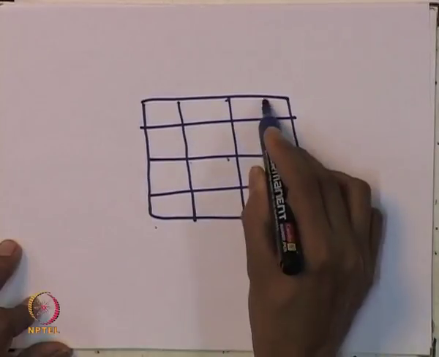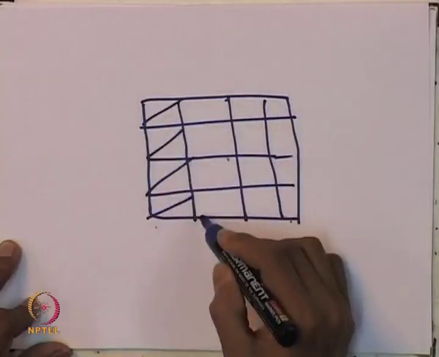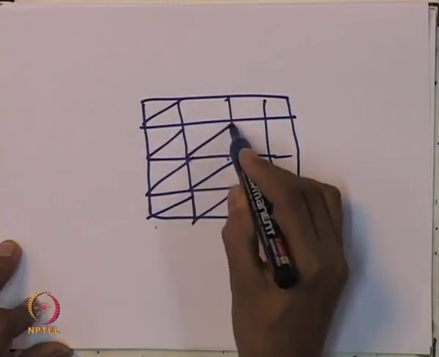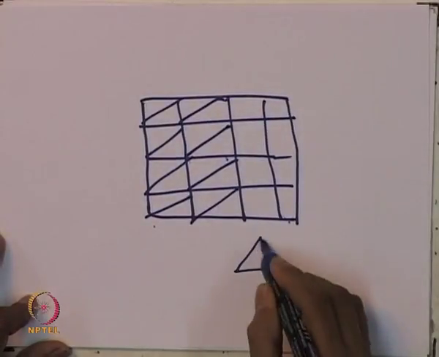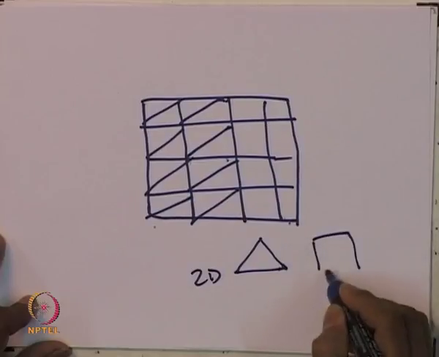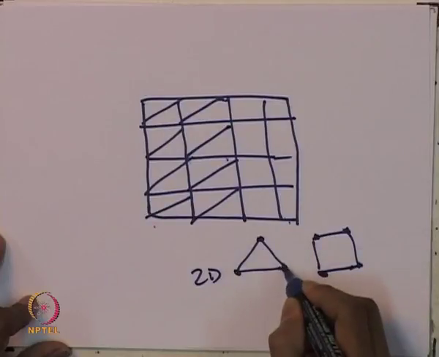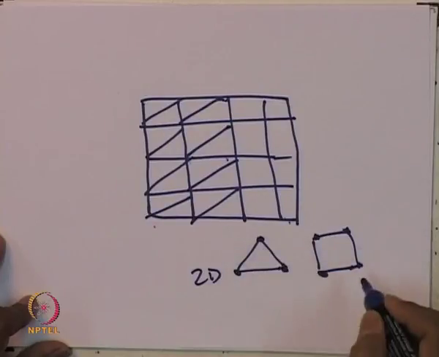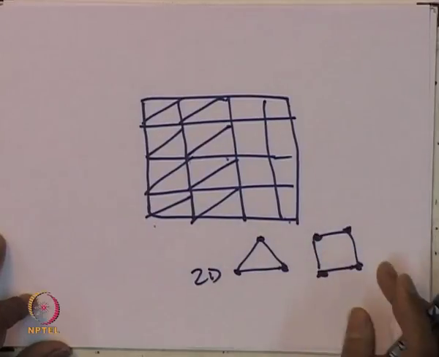Here we can use triangle elements or rectangular elements or combinations of these elements. This is the so-called triangle element in 2D, and this is the so-called rectangle or square element in 2D. For a triangle element there will be 3 nodes, and for rectangular elements 4 nodes, when we consider linear variations.